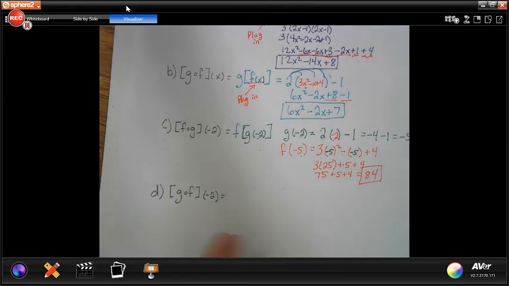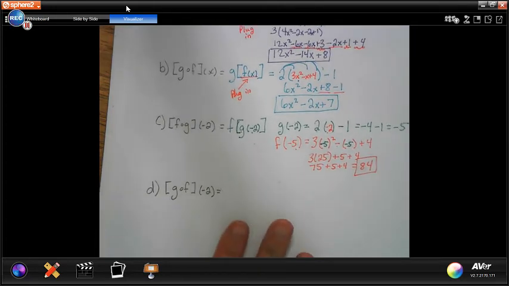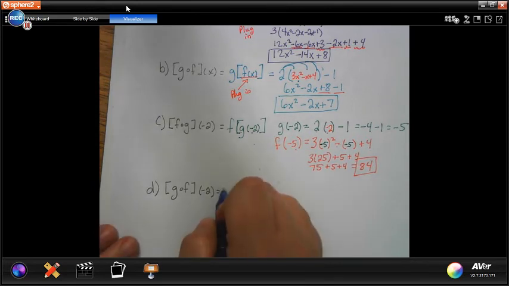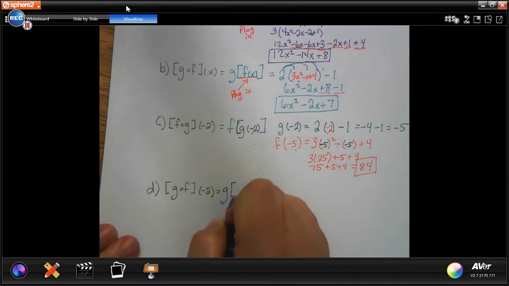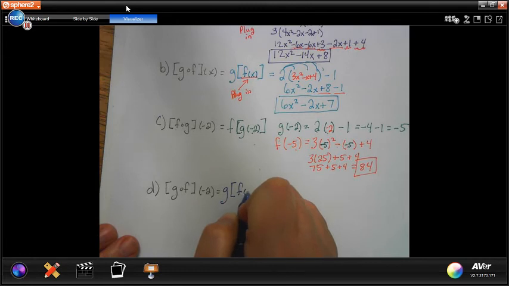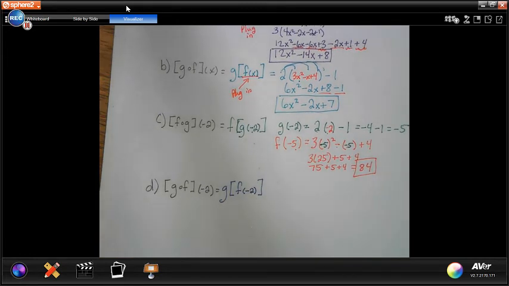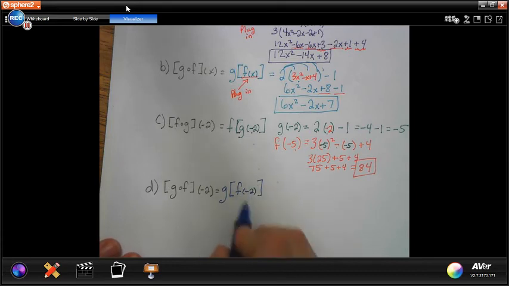Okay. So last problem. Okay, so this one has g on the outside. f is on the inside with the plug-in of -2. Okay, so starting with the f function.